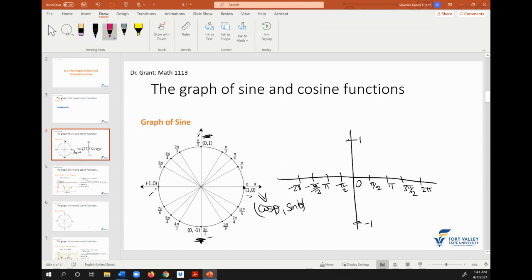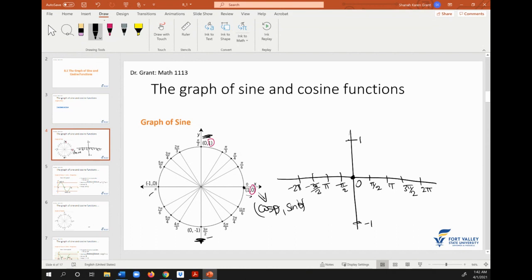So I'm going to be looking at my y values to get my sine function. So here we have sine when x is 0, sine is going to be also 0.